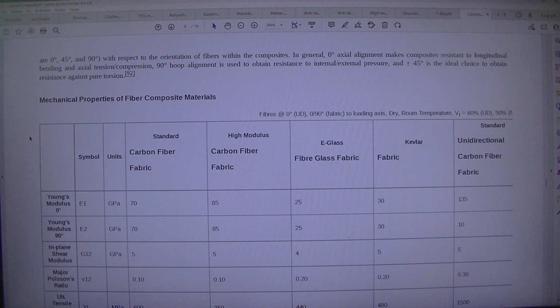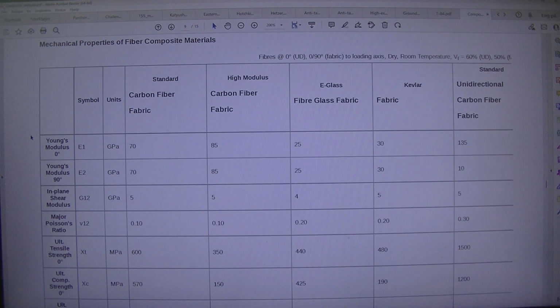In general, 0 degrees axial alignment makes composites resistant to longitudinal bending and axial tension/compression. 90 degrees hoop alignment is used to obtain resistance to internal/external pressure, and plus or minus 45 degrees is the ideal choice to obtain resistance against pure torsion.